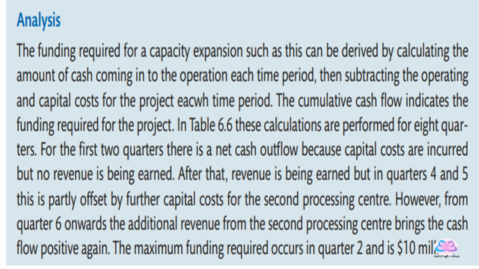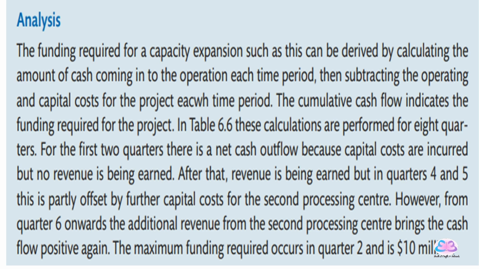In Table 6.6, these calculations are performed for 8 quarters. For the first 2 quarters, there is a net cash outflow because capital costs are incurred but no revenue is being earned. After that, revenue is being earned, but in quarters 4 and 5, this is partly offset by further capital cost for the second processing center.